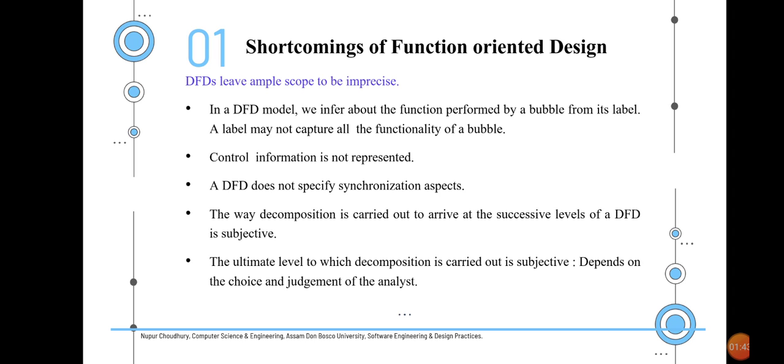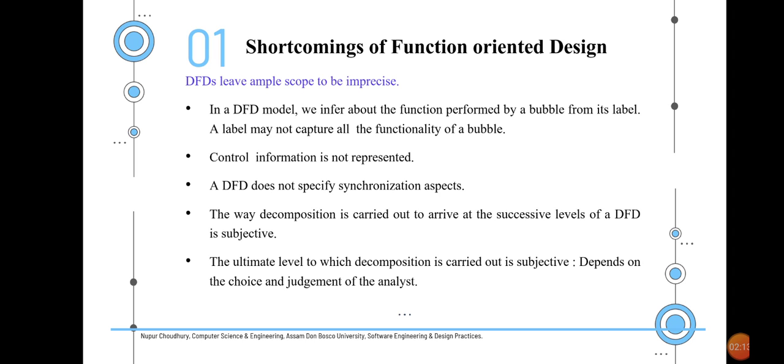The next one is that control information is not represented. The control information is basically the flow of control between the various processes. If you look at a particular DFD, it will not tell you which process is working first and which process is working second, or which process in between should be given priority, or which process should have control at that particular time.